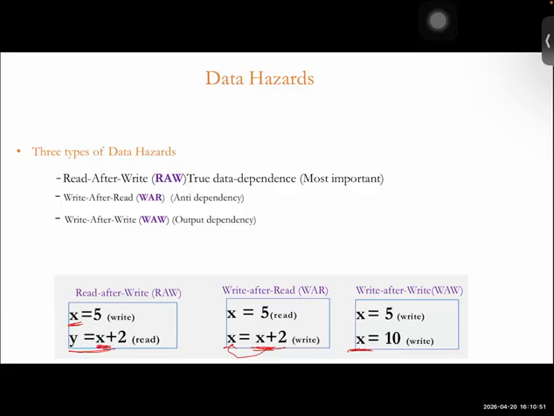So we are going to address the read after write hazard, how it occurs in the pipeline, and what the different solutions are for this read after write data hazard. The same thing will apply to the remaining two, write after read and write after write.